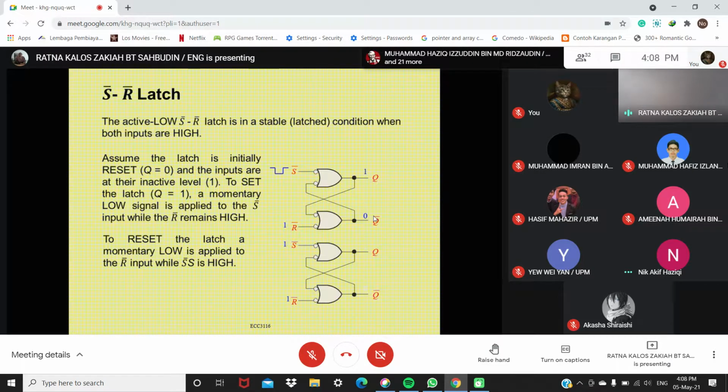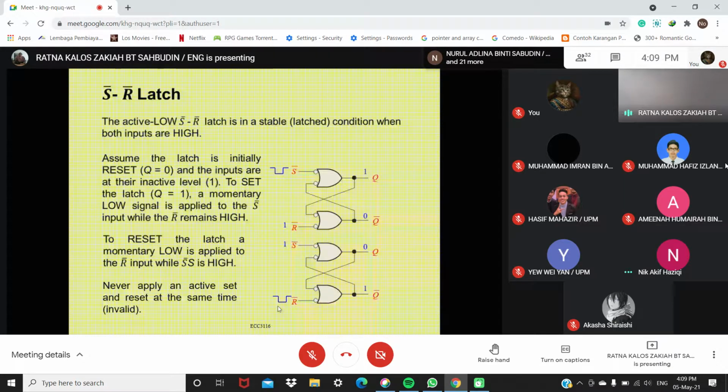Okay, so to reset means you want Q bar to get 1, yeah? So to reset the latch, a momentary low, see here low, is applied to R bar, while S bar is high.